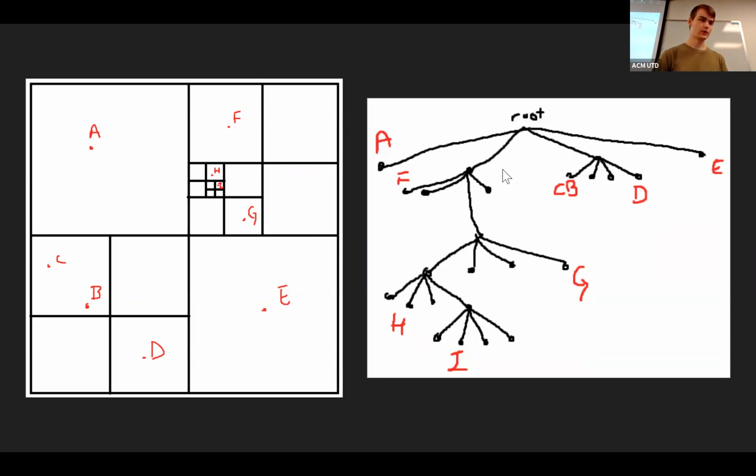And now here's what that tree looks like under the hood. We have the root, and the order of the leaf nodes is top left, top right, bottom left, bottom right. So A is the only one in the top left quadrant, and then the top right quadrant is super, super subdivided here. Then we have our one node that has multiple objects in there, C and B, and then E, just like A, is alone.